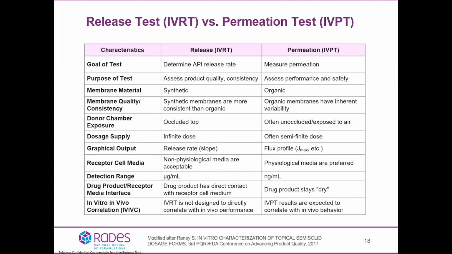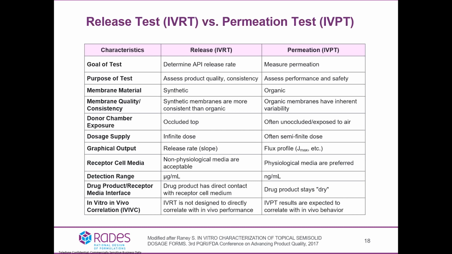As mentioned, the membrane material is different. Filters on the one hand, biological membranes or tissue on the other hand. In general, the variability of the membrane is higher for the permeation testing, especially if the material comes from different donors.